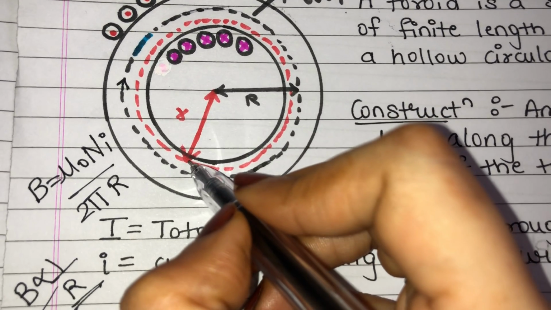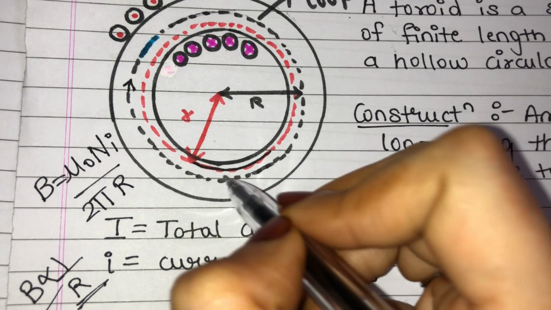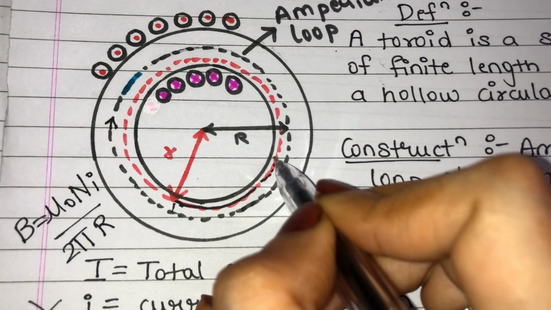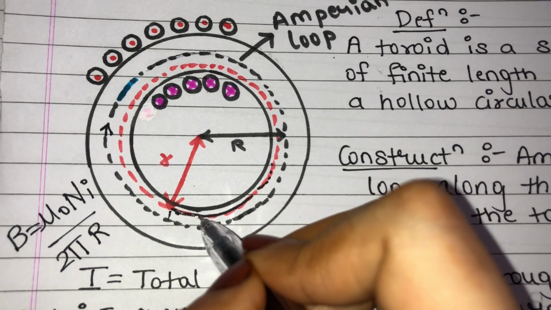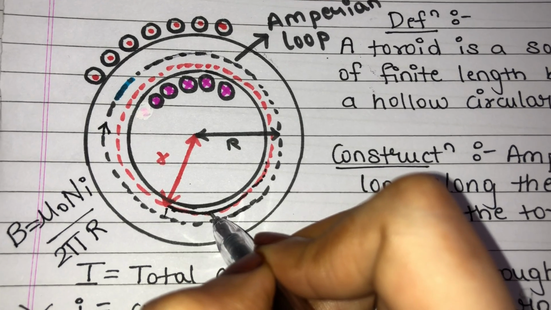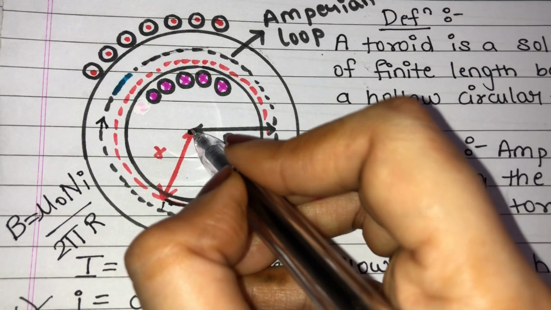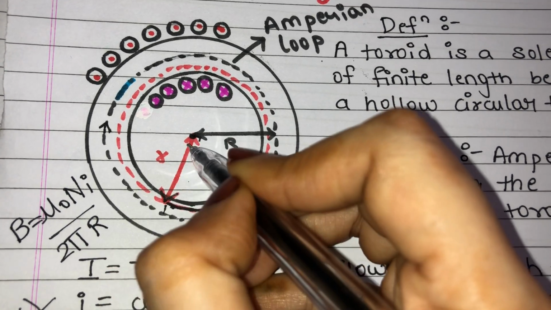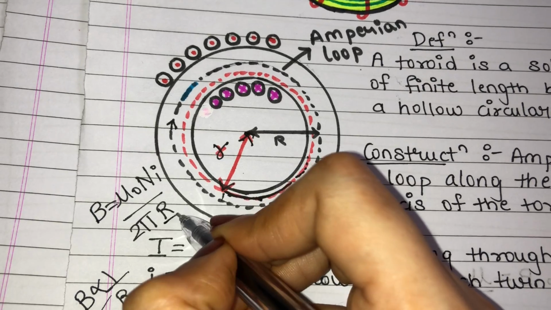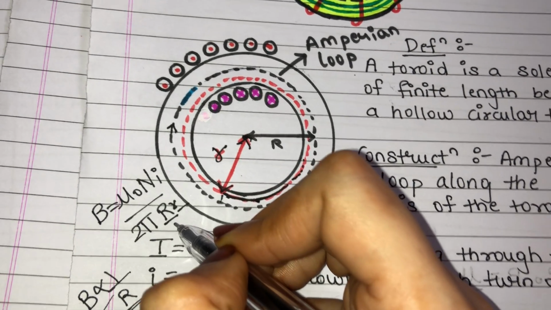Now if I consider this loop, the one marked with the red sketch pen, what will be my magnetic field on this loop? So I will have to find out the distance from the center. Its distance from the center is small r. So here, in place of capital R, it will be small r.